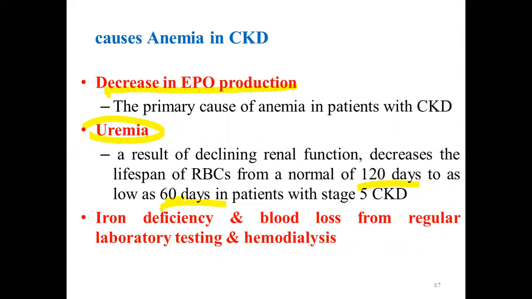And apart from that, iron deficiency and blood loss from regular laboratory testing and hemodialysis is very common in CKD patients, which contributes to anemia. So why iron deficiency? Because there's a lot of inflammation in the GIT. That inflammatory reaction sequesters iron utilization.